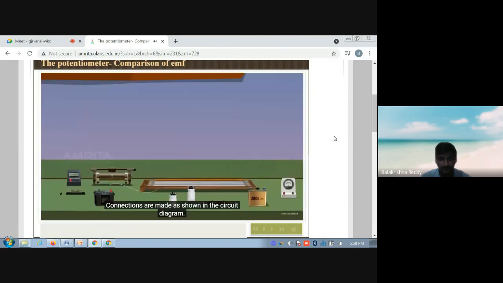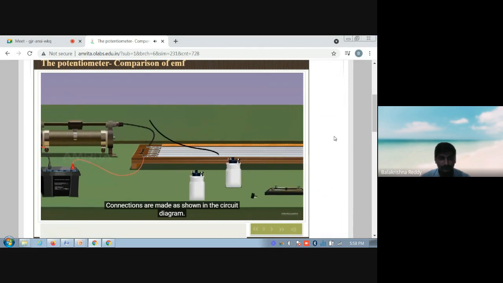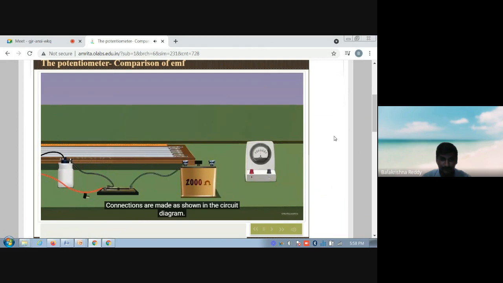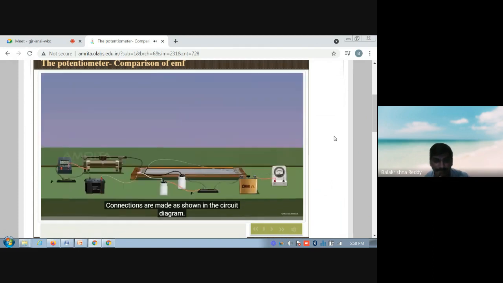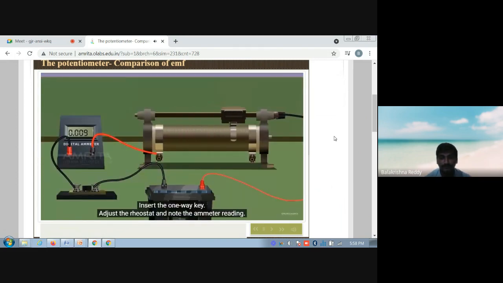Connections are made as shown in the circuit diagram. Insert the one-way key. Adjust the rheostat and note the ammeter reading.